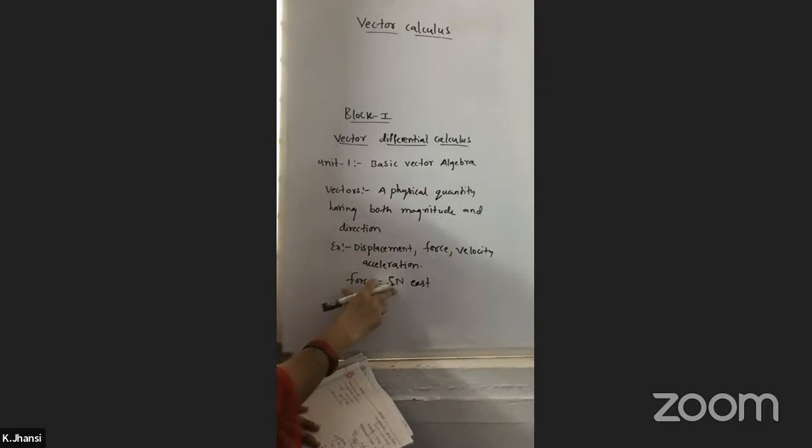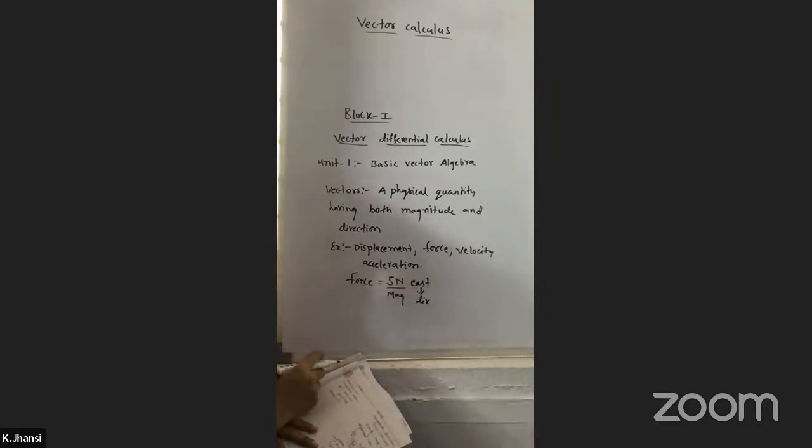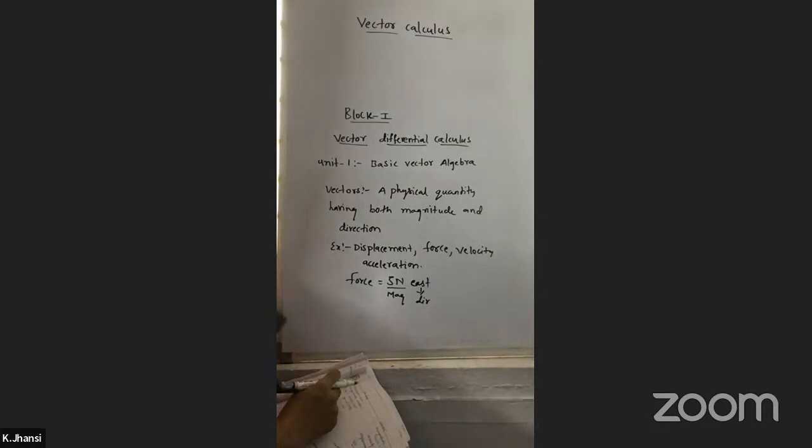The 5 newtons is the magnitude and east is the direction. Such types of quantities are called vectors, and usually we represent vectors with a small letter, a small a or capital A, any alphabet.